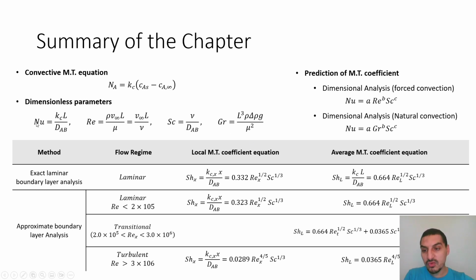So these are the four dimensionless groups, and we have these relations between the Nusselt number, Reynolds, and Schmidt number for forced convection, and between the Nusselt number, Grashof number, and Schmidt number for natural convection.